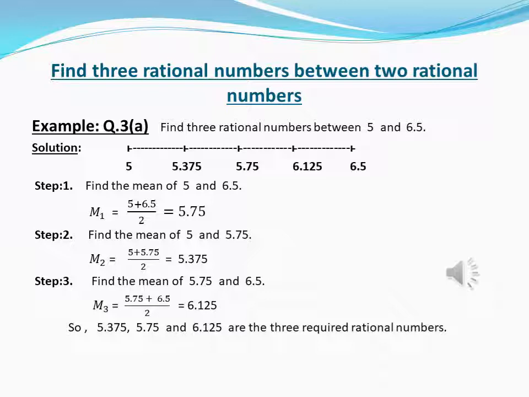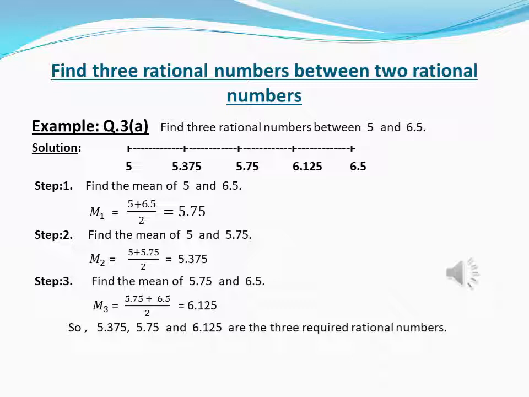In step 3, we will find the mean of 5.75 and 6.5 and we get 6.125, which is in the middle of 5.75 and 6.5. You can see, and we call it M3.